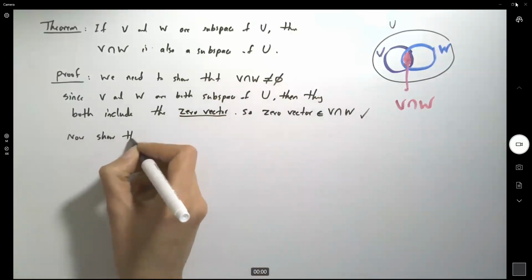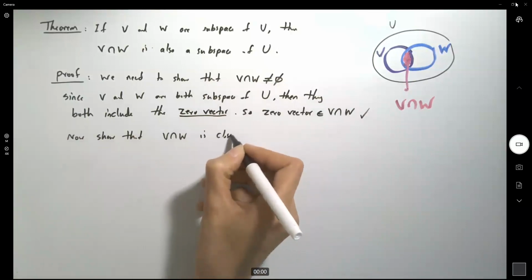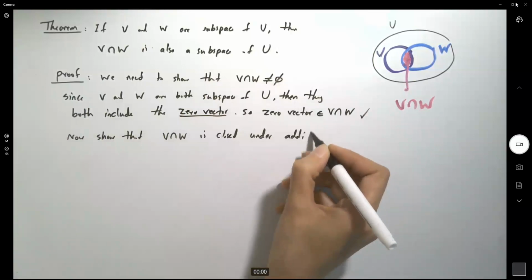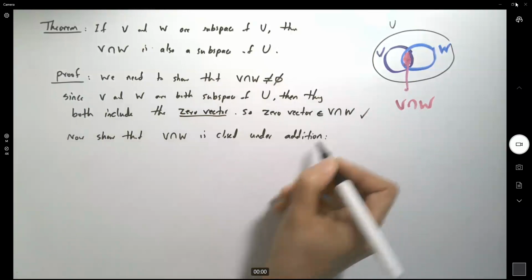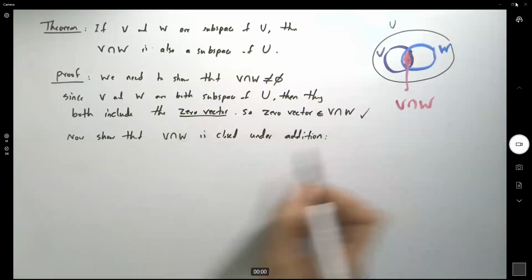Now we show that the intersection is closed under addition. So what are we going to do? We're going to take two vectors from the intersection.